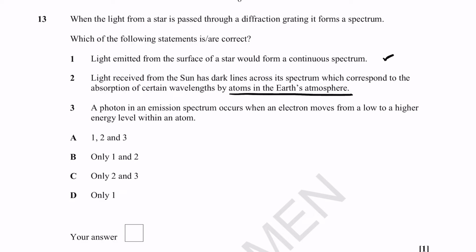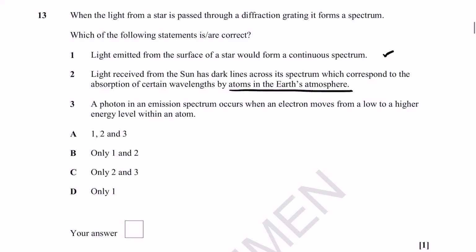So 2 is incorrect, which leaves me with D being my answer. Only the first one is correct, that's the only option in this case, because the others have 2 as correct.